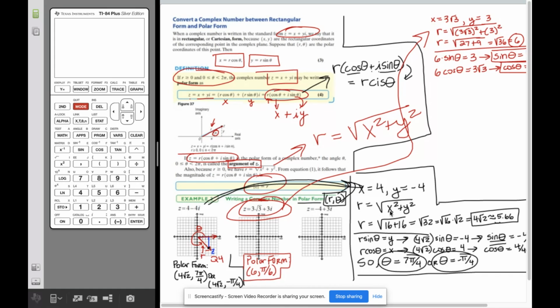Okay, and then let's go ahead and we'll draw a picture of the graph here just so we make sure we get this right. So let's use the x plus yi form. So 3 square root of 3, I'll do that real quick. So that's going to be about 5.2. So I'm going to go about 5.2 to the right about there.